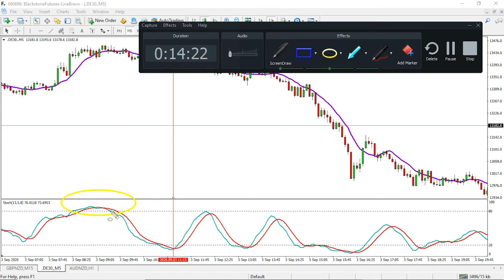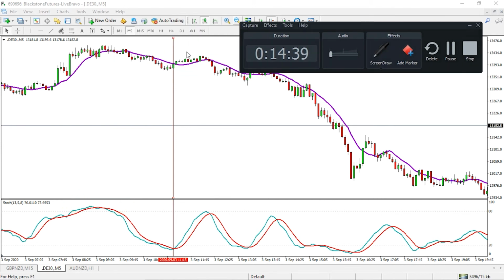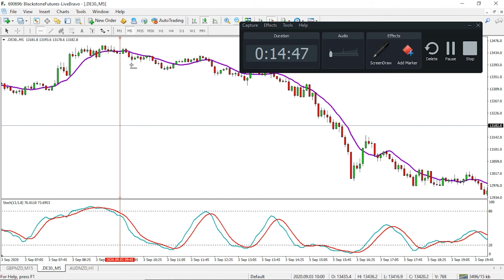That tells me we have a higher than 80% probability of being correct. At the same time, guys, we're looking for a close below price, and you can see price is hovering around that moving average. So what we can do is find, there's the crossover. I would say that that was our close.